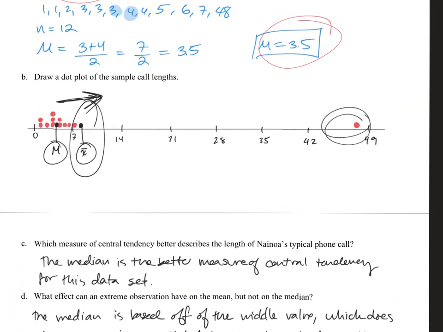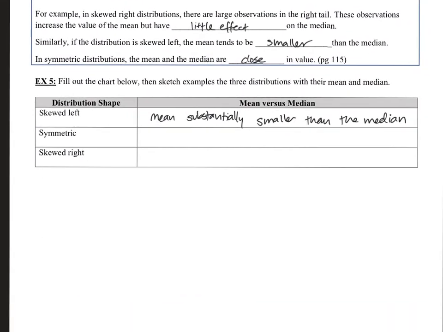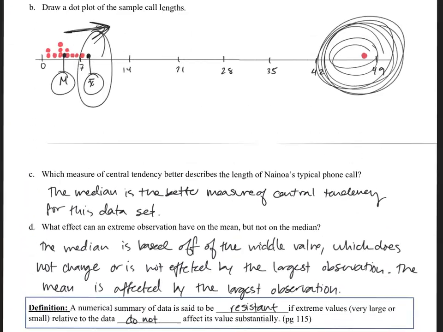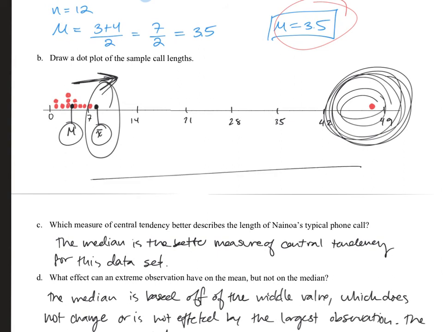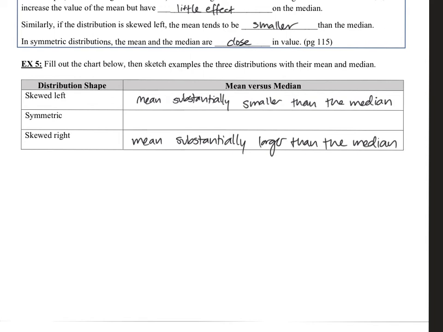But in our case, the mean was larger than the median. So this one is not skewed left. This is skewed right, because we've been skewed by a value to the right. Okay. So for skewed right, the mean is substantially larger than the median. And this is the example we saw in our problem above here. This was a skewed right example. Now for symmetric, the mean is roughly equal to the median.